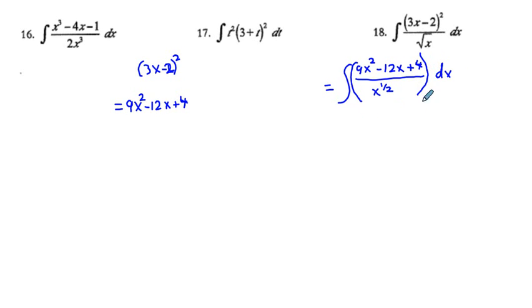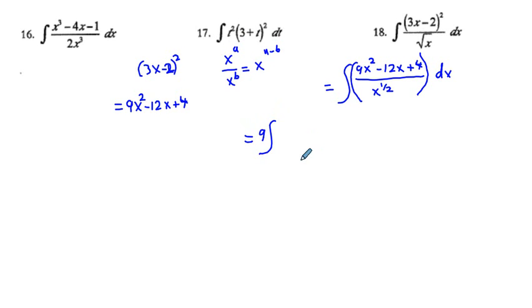Okay, now just taking each one of these at a time, I'm going to leave myself some room here. We're going to have the integral of, I'm going to use this 9 on the outside, so here's 9, integral of x squared over x to the 1/2 power, and using the rule of exponents, which is that the quotient x to the a over x to the b is x to the power of a minus b.